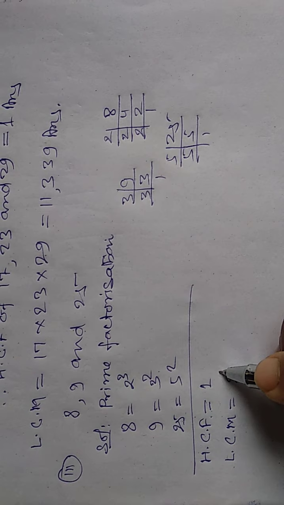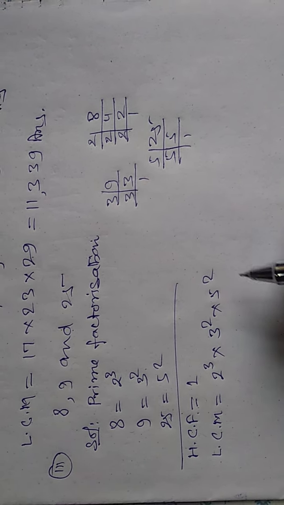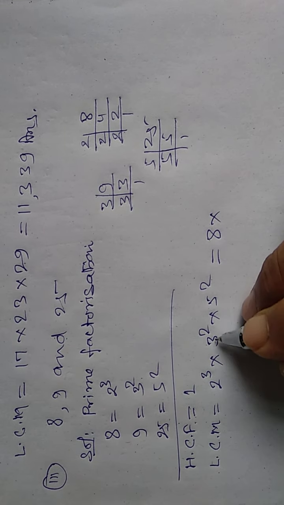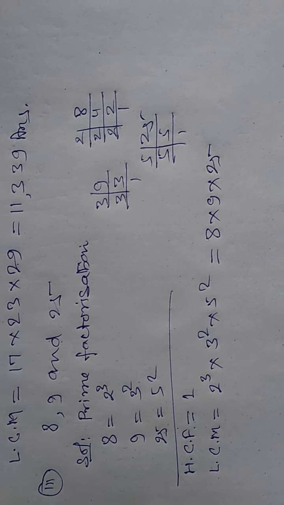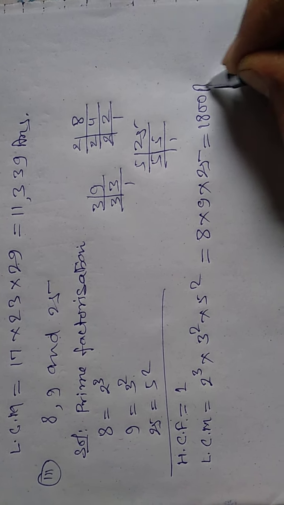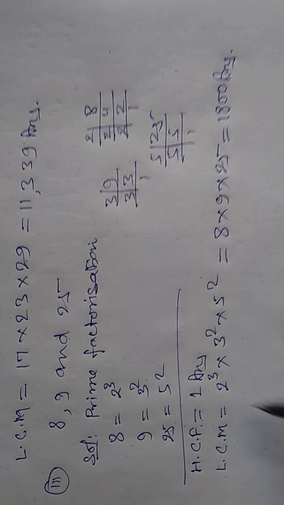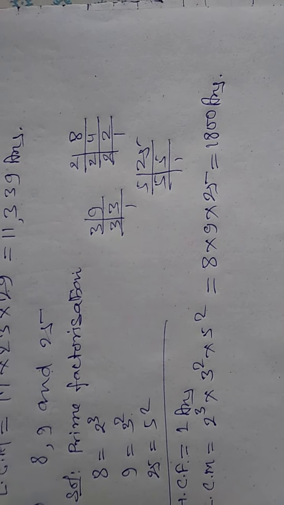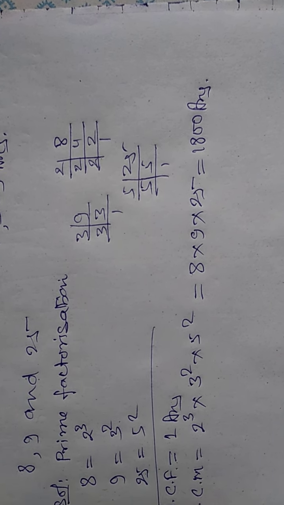Therefore, it will be 2 power 3 into 3 power 2 into 5 power 2. It is equal to 2 power 3, that is 8, 3 power 2, that is 9, and 5 power 2, that is 25. And it is equal to 1800. This is the answer. Therefore, HCF of 8, 9 and 25 is 1, and LCM of 8, 9 and 25 is 1800.